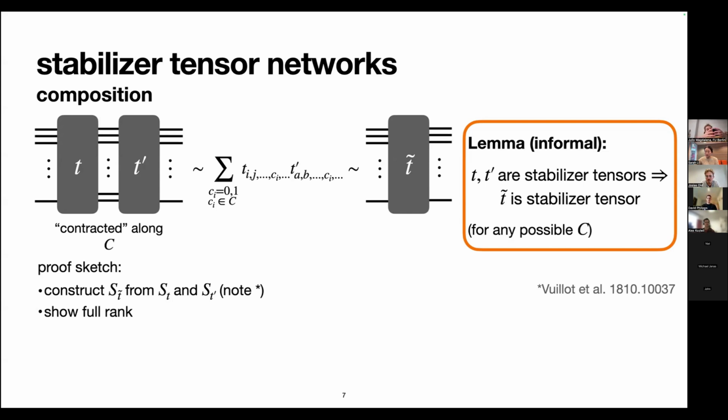If there are stabilizers that overlap, they are preserved by this contraction. And what we show is that whenever they don't overlap, which means that there's some non-commutativity going on, they are not preserved through this contraction in a way.